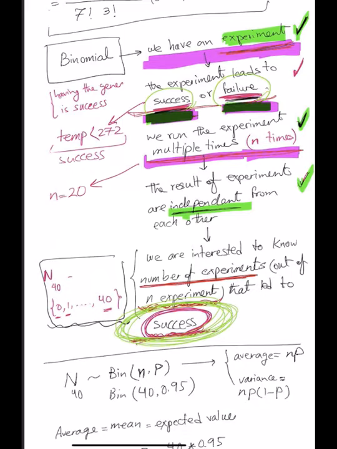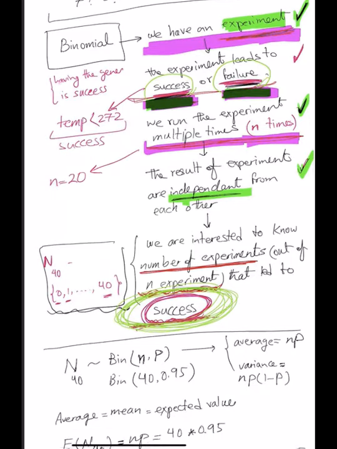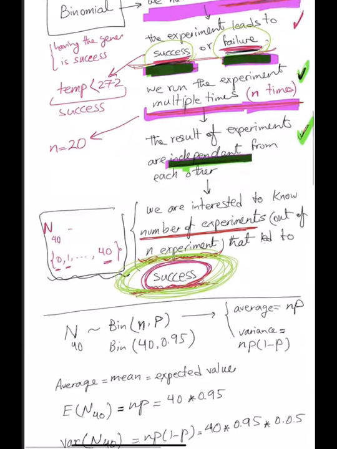We run these reactions. Are the results of the experiments independent from each other? Yeah, it says even in the problem statement, we run n equals 20 independent reactions, so they are independent from each other. And then the question that has been asked, are we interested to know the number of experiments that have led to success out of this n experiment that we ran?